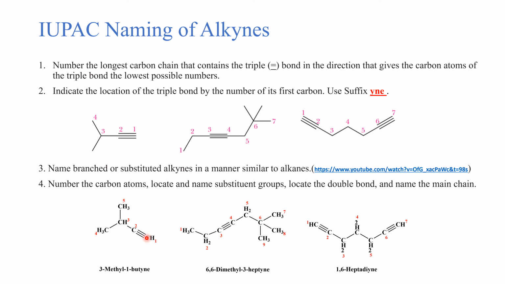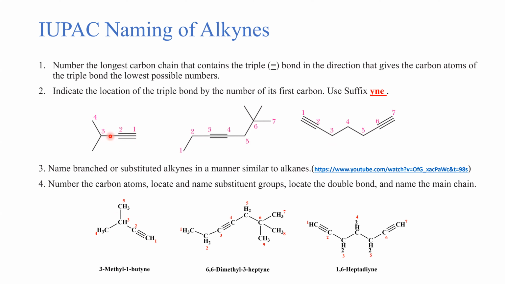So if we just go for this scenario, this is 1, 2, 3, and at the third position there's the fourth group. I have numbered all of the carbons available, but this pattern is showing you what kind of numbering pattern we have to follow for the naming of organic compounds through the IUPAC rules.